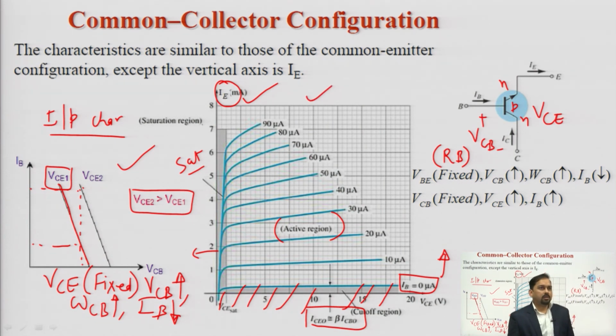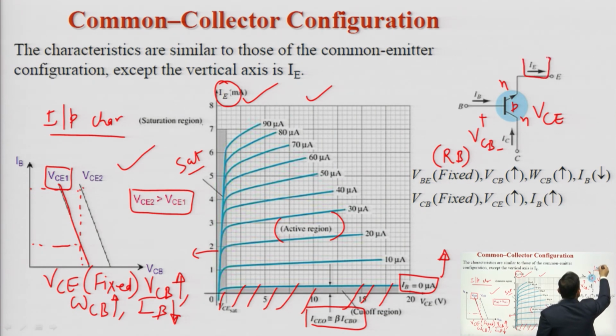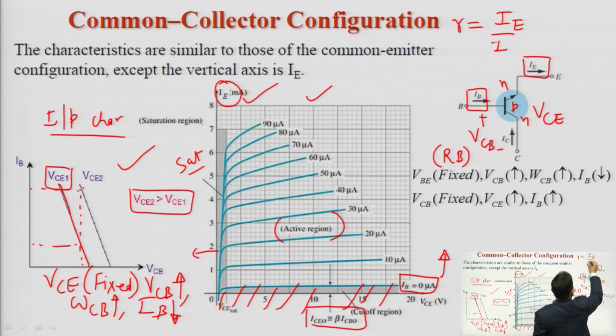Now, we will see what the current gain is for the common collector configuration. As we can see from this common collector configuration symbol, the output current is IE and the input current is IB. So, the current gain here is defined as gamma, which is IE by IB, and we are aware that emitter current is equal to IC plus IB.